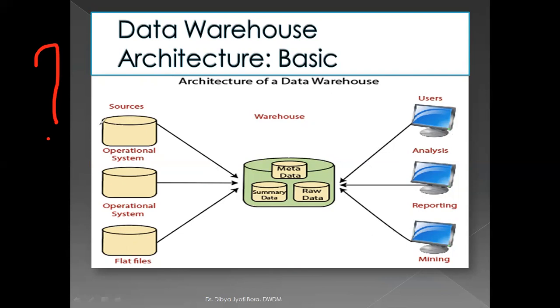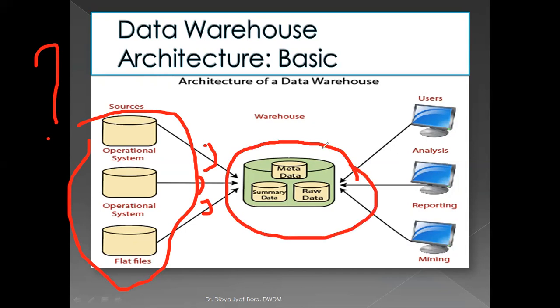What you can see is that there are different sources. We are collecting the data from these different sources and trying to integrate them. But if you look carefully, there's no other space here. We're directly collecting and integrating the data at the same place, that is none other than your data warehouse.